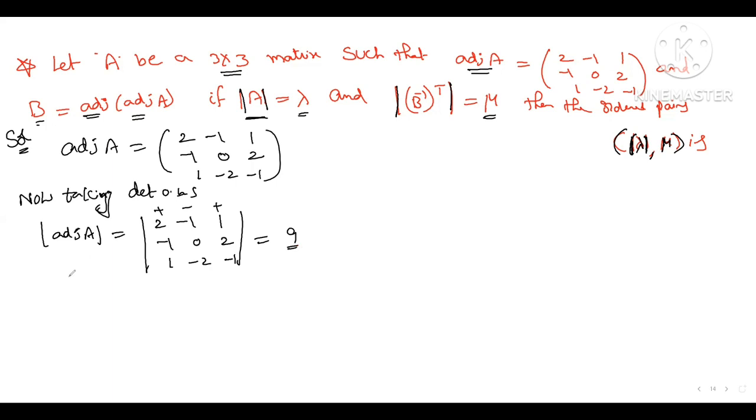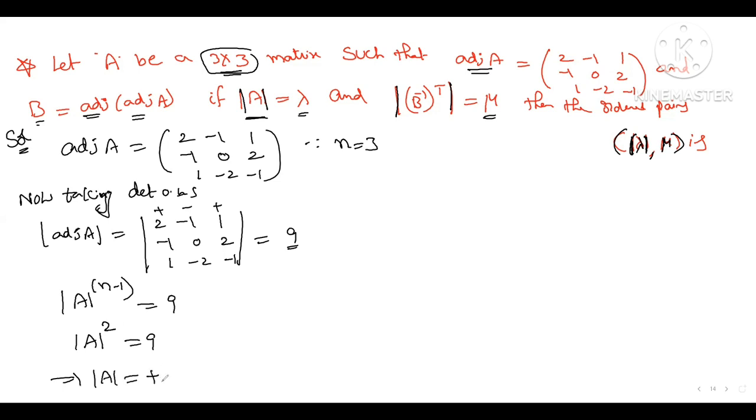For delta of adjoint A, we have one formula: delta A power n minus 1. But what is the n value here? A 3 by 3 square matrix is given, so n is equal to 3. So 9 is equal to delta A power n minus 1, which is 3 minus 1, so delta A whole square is equal to 9. Delta A we get plus or minus 3.